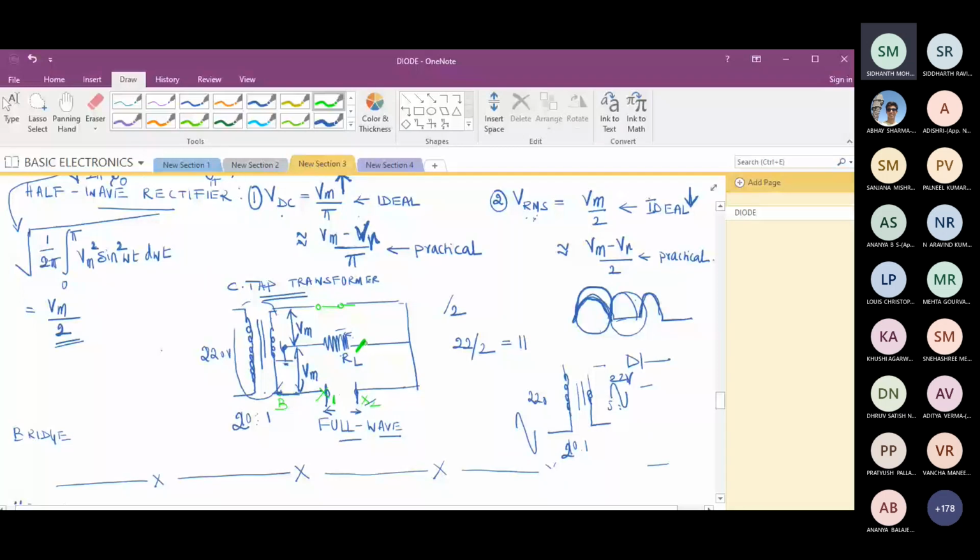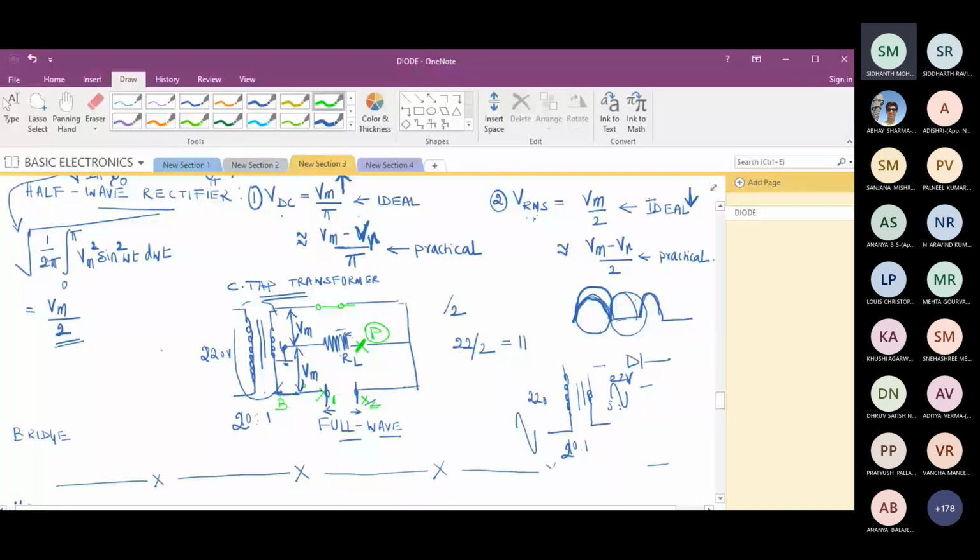So what we understand here is terminal X2 is not connected to the secondary winding. Instead, it is getting connected to, say, terminal P of this RL. Is it okay? Yes, sir.